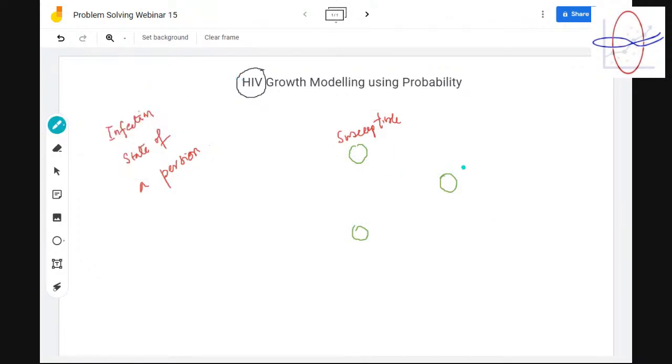And another state is the removed state. Removed includes two types of people: one who has recovered and is immune to the disease, and the other who is removed, sort of dead, after the disease. So these are the three states.